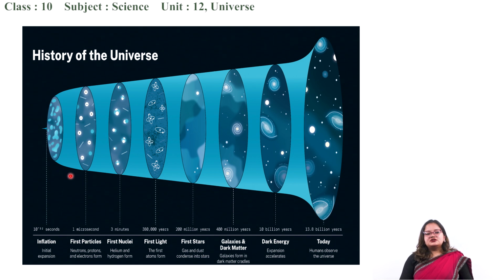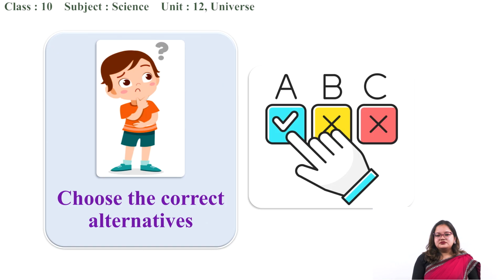And after almost 13.8 billion years after the Big Bang, which is today, we are observing and studying this whole universe. Okay, with a short history of the universe, let's try to solve some questions.